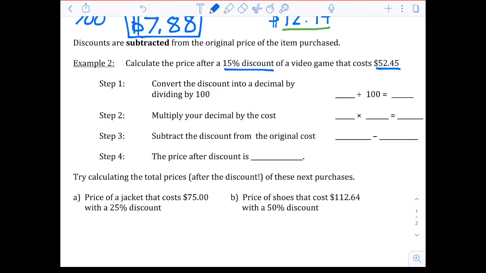I want to know what is 15%. So I know that you have gotten good at calculating these. 15 divided by 100 is 0.15. Then I'm going to multiply that 15% or 0.15 by the cost, which is $52.45.